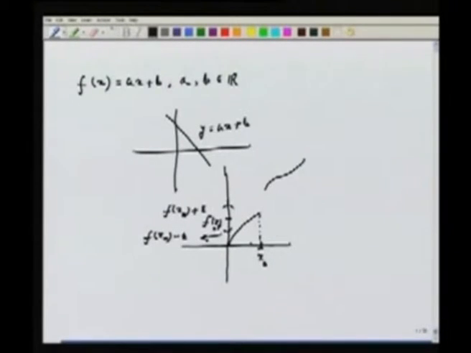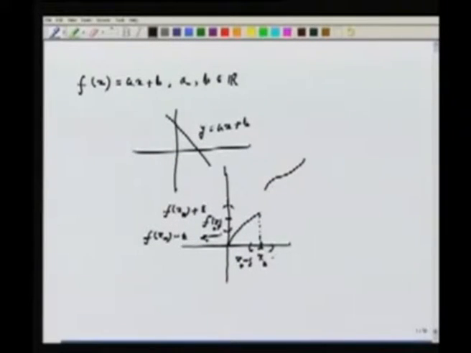Then whatever neighboring points of x0 I look at, let me call them x0 minus delta and x0 plus delta, if I take points from this region, it is not true that f of x lies in this band. You see what is happening here. If I take a point here, then the height of the function is going out of f(x0) plus epsilon. This is the property which we are going to exploit in defining what a continuous function is.